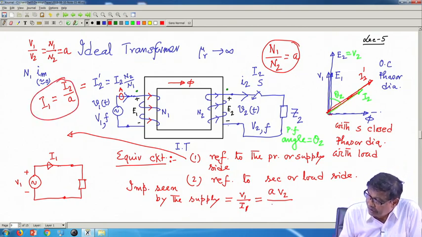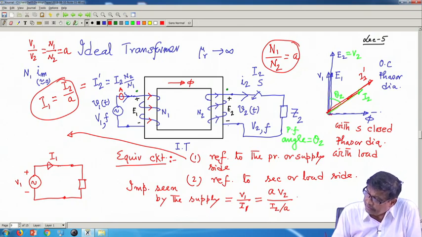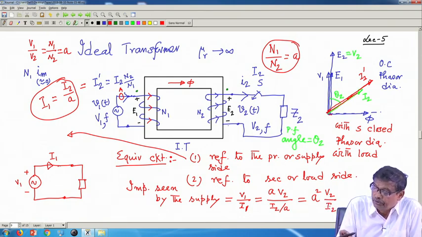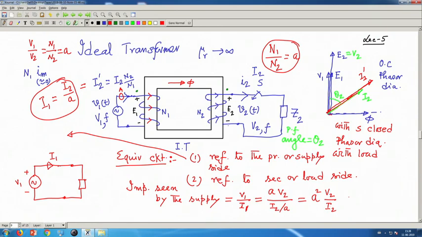So, I will write it as I2 by a, and this then becomes equal to a square into V2 by I2, but V2 by I2 is Z2. This Z2 is equal to V2 by I2.